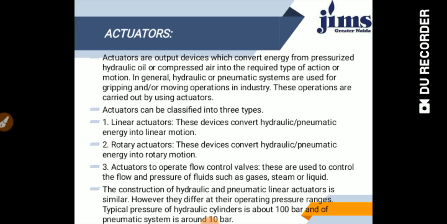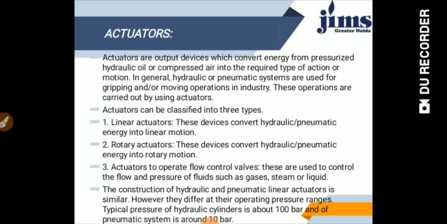These are used to control the flow and the pressure of the fluid, such as, let us suppose, gas as a medium, steam as a medium, or any liquid. The construction of hydraulic and pneumatic linear actuators is entirely similar. However, they differ in their operating pressure ranges.